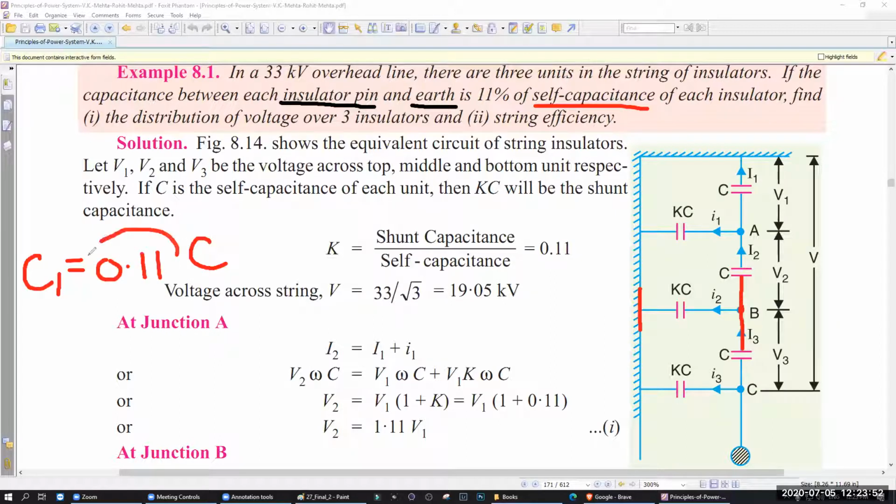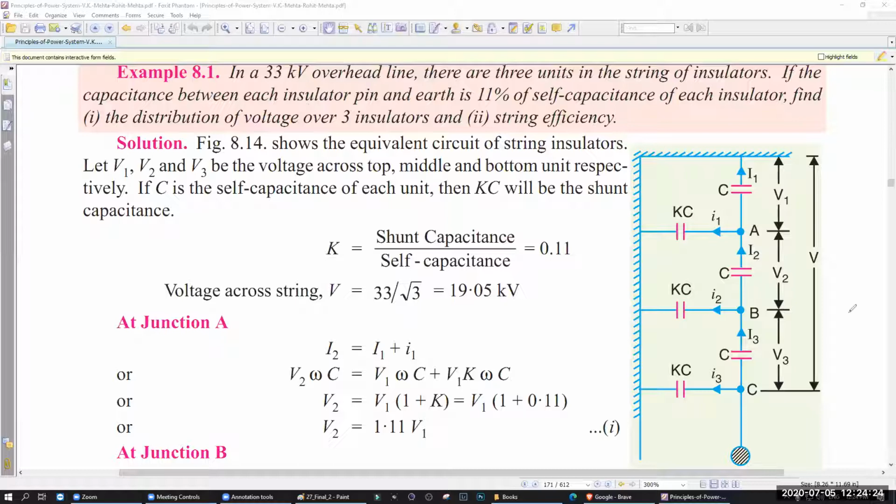So that is actually your K, the value of K. Finding out K is one of the most important parts in your math. Find the voltage distribution, meaning V1, V2, V3 over the 3 insulators, and the string efficiency. So you have to find V1, V2, V3 and efficiency. That's it.